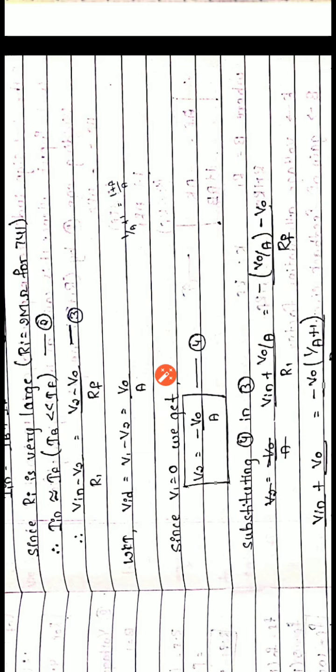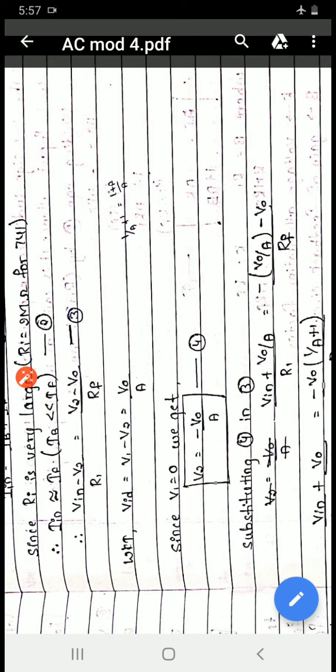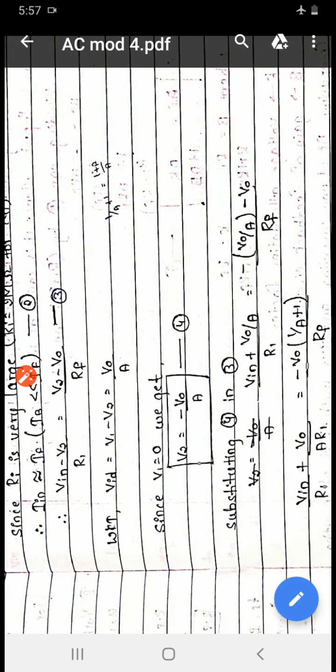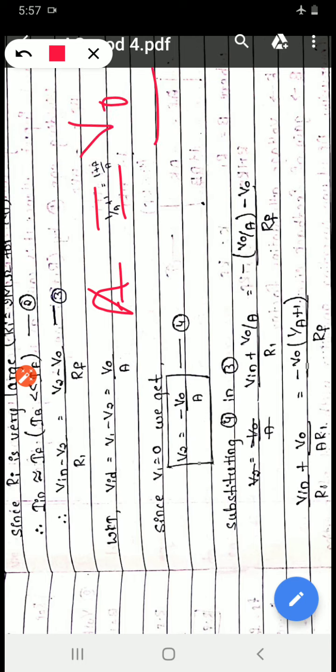Because A is the open loop voltage gain, which we can write as A equals to V0 divided by VID, correct? Okay, so here VID we have written like this, nothing but V0 by A, V0 divided by A equals to VID, that is written here directly.